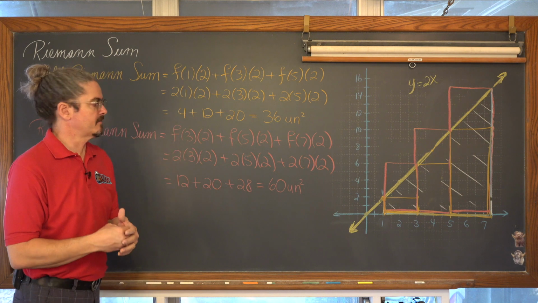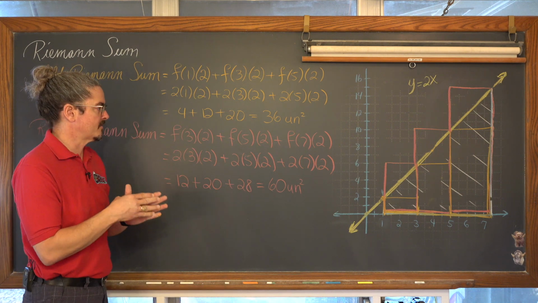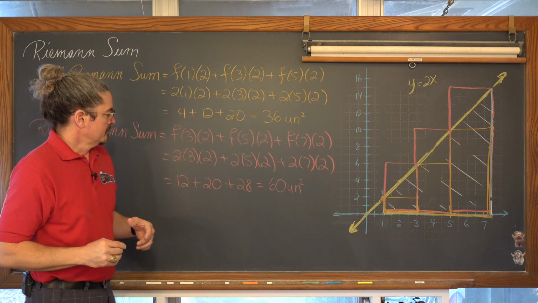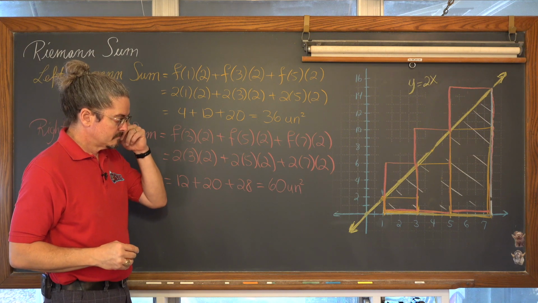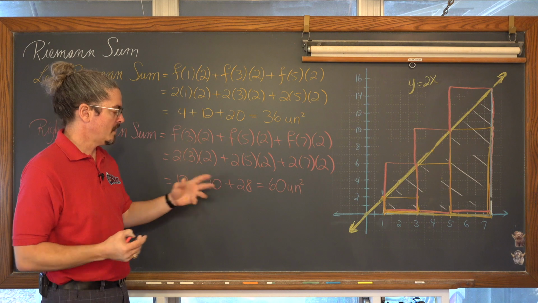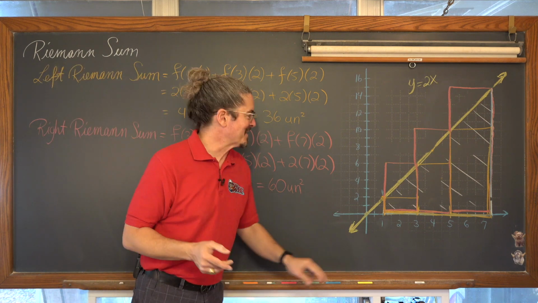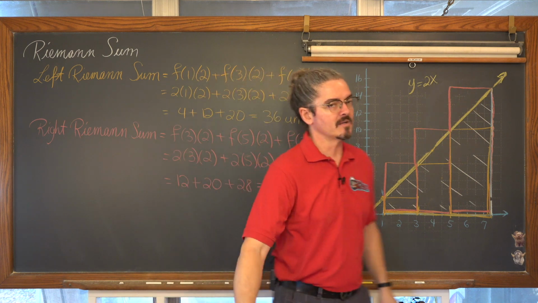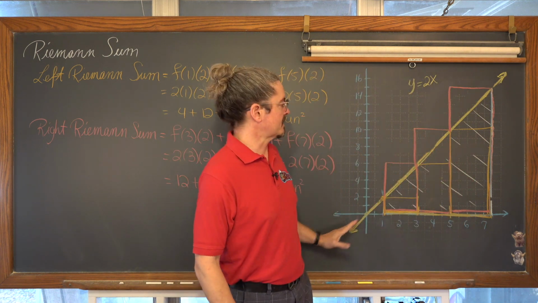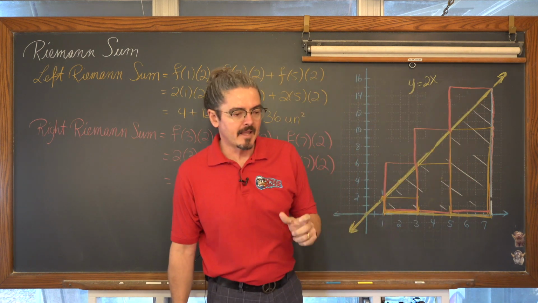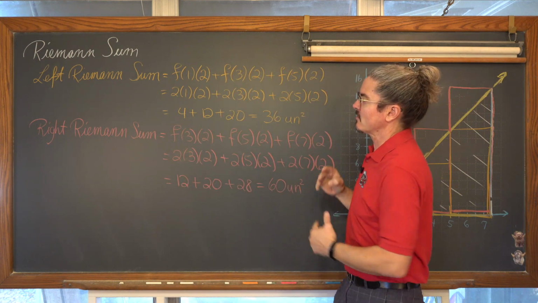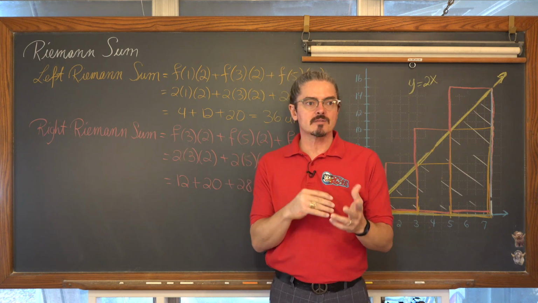Now, I do want to talk about estimating the area between the curve y equals 2x and the x-axis between 1 and 7 using a midpoint Riemann sum. Let's go ahead and do that. I was kind of pausing because this is a linear function, and because of that, you're going to see some specialness between these left and right Riemann sums.